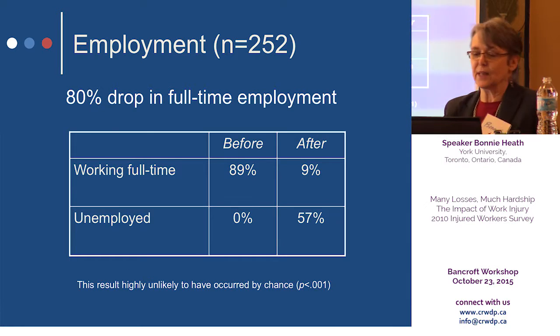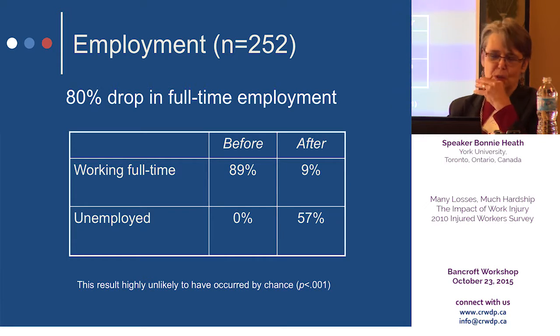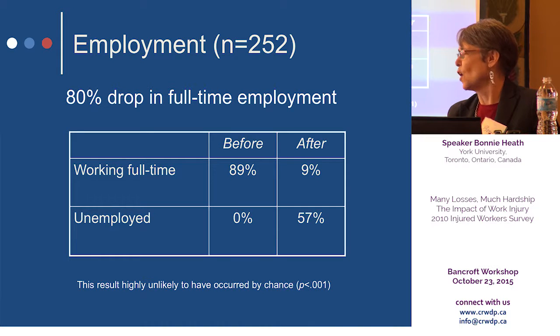So among those that we did talk to, though, we didn't do any of the fancy stuff. I'm a struggles-with-numbers person rather than a numbers person, but also it just wasn't the nature of the study to do that. So we just did some very simple analysis of who was working full time before their injury and who was unemployed before and after.